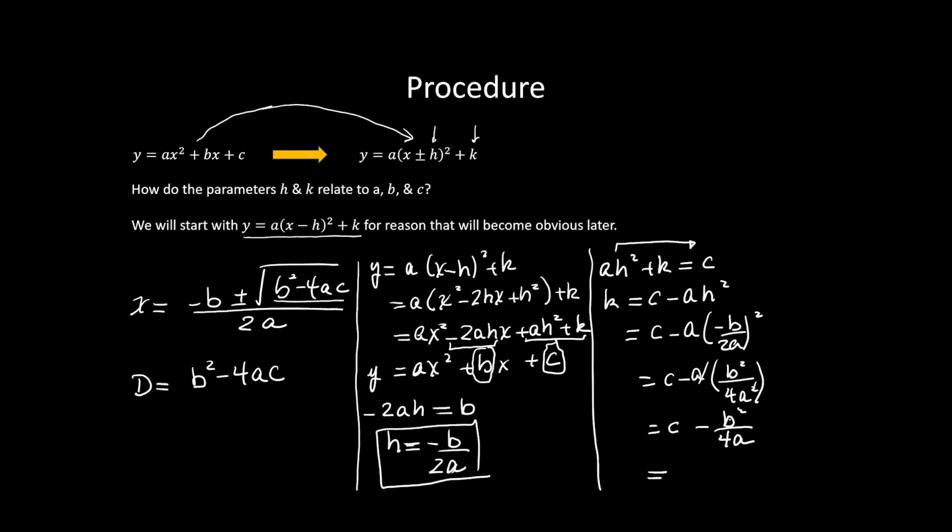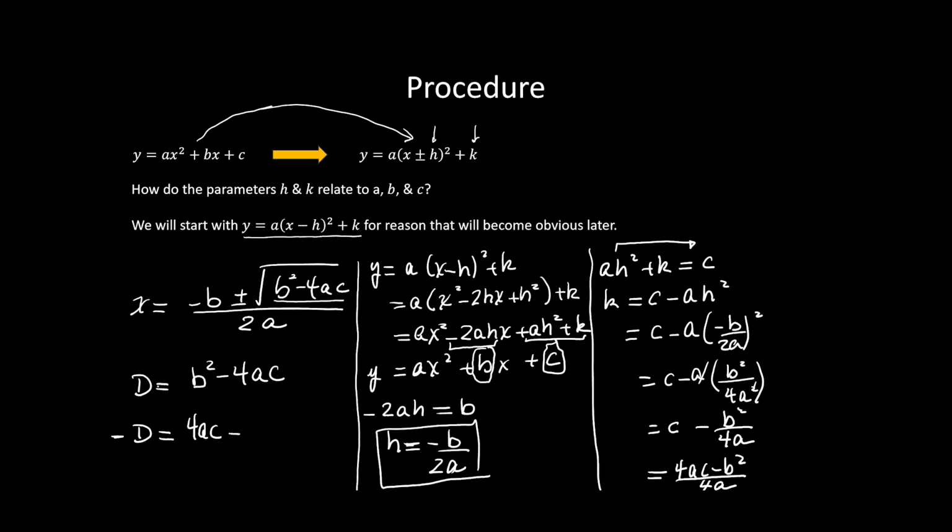Let's see. Get a common denominator. What is this? 4ac minus b squared. This is right here, b squared minus 4ac. It's basically the negative of the discriminant.